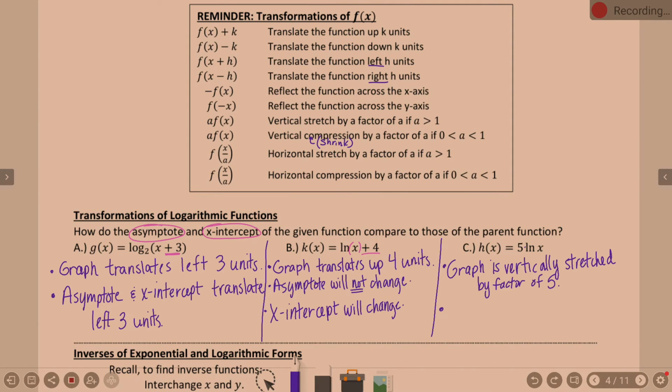Actually, no, wait. We haven't had one where neither change, right? I'm going to say neither asymptote or x-intercept will change.